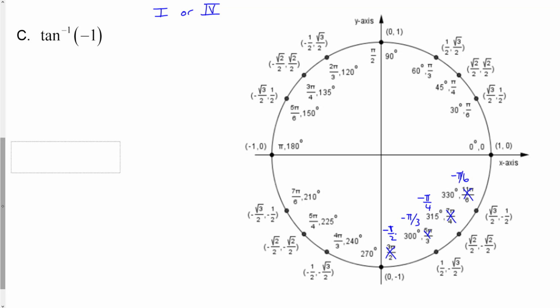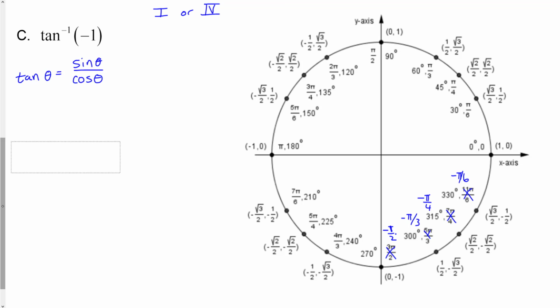What we're going to do there is notice that since tangent is defined as sine theta over cosine theta, we need these two values to be equal in magnitude in order for them to divide to 1.